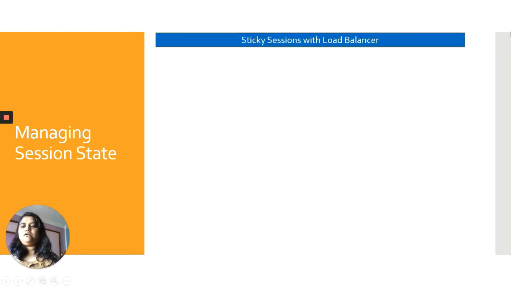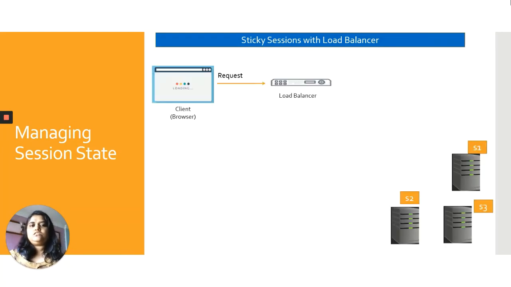Then we have a third option, and that is sticky sessions. This is done with the help of the load balancer. As we saw, a client initiates the request, it goes to the load balancer, and we have the server instances, that is S1, S2, S3, and these are what we are trying to scale. How can we now maintain the session data so that our request can go to any of these servers?